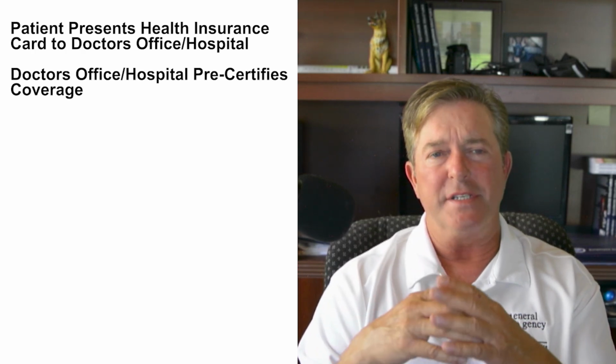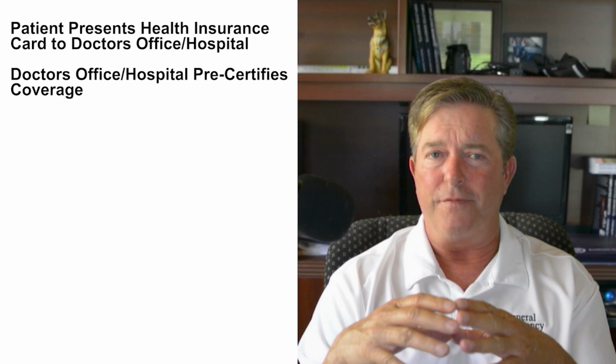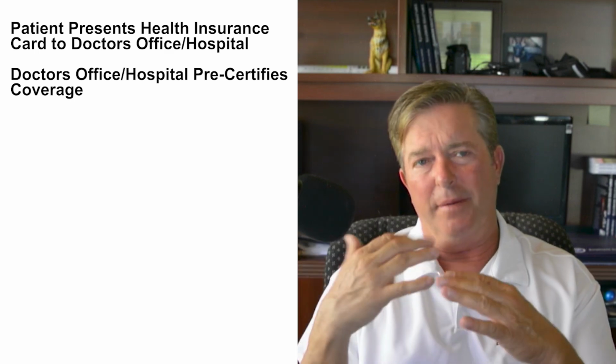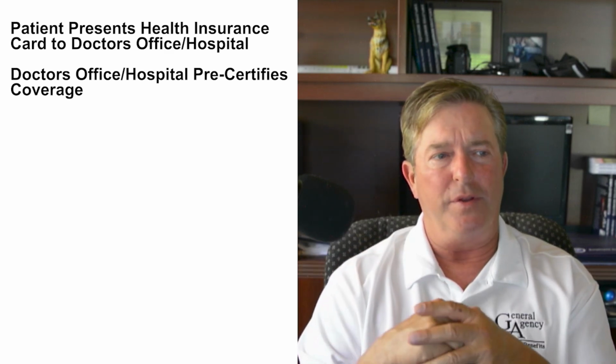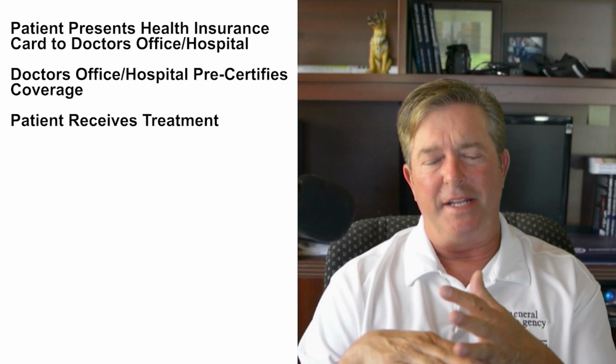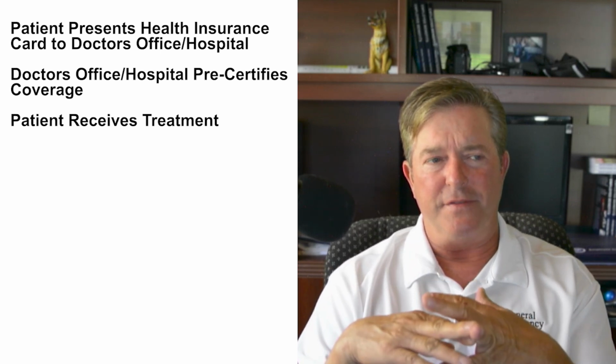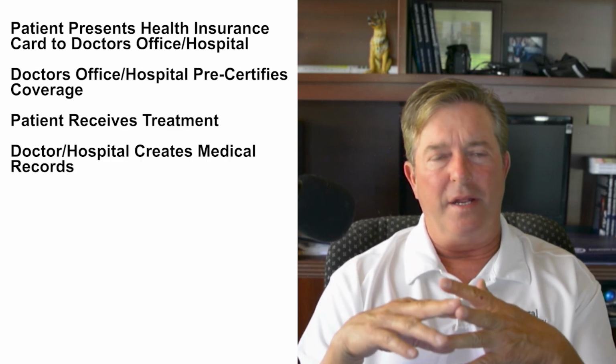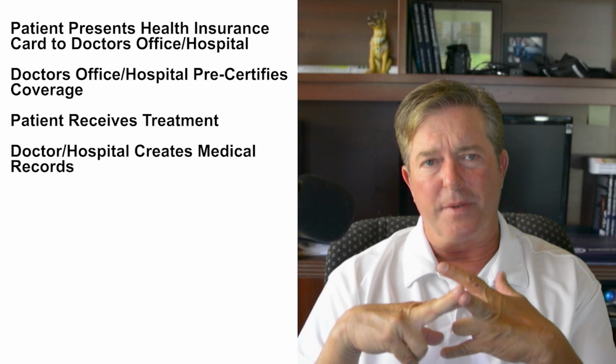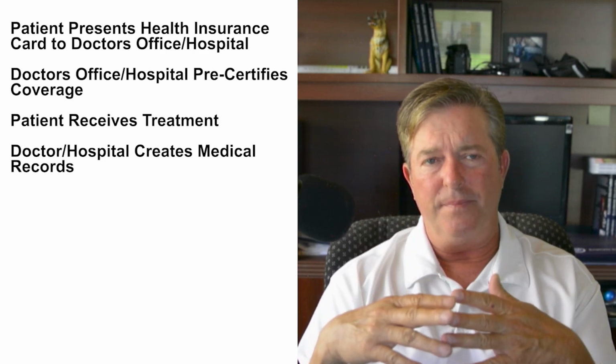Okay, so the first part of the claims communication process is when you present your ID card to the doctor's office or the hospital. The second thing that happens is the doctor's office or the hospital pre-certifies your coverage, or calls it in, to make sure that everything's okay with your coverage. Next, the patient receives treatment. Then the doctor's office or hospital creates some medical records.